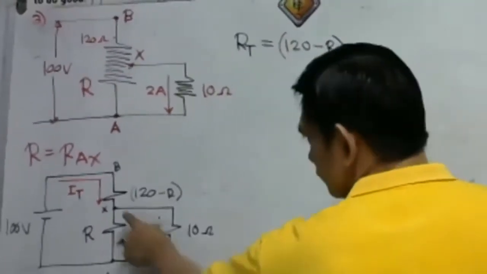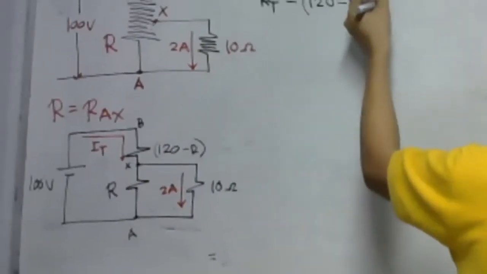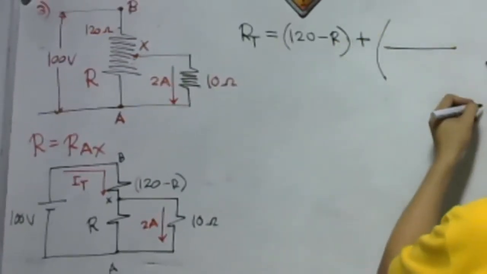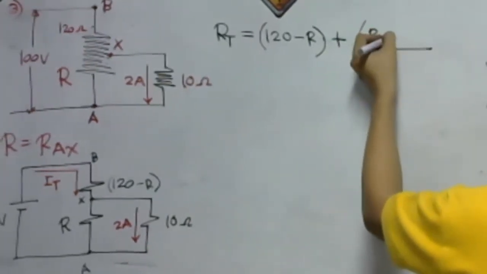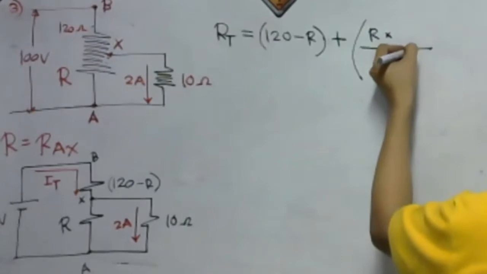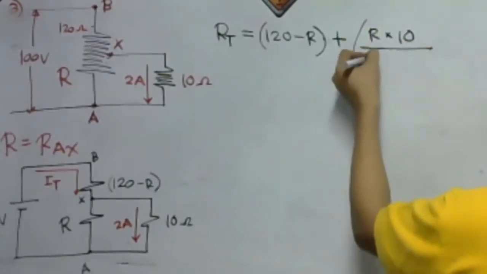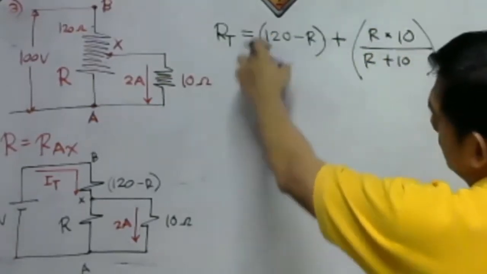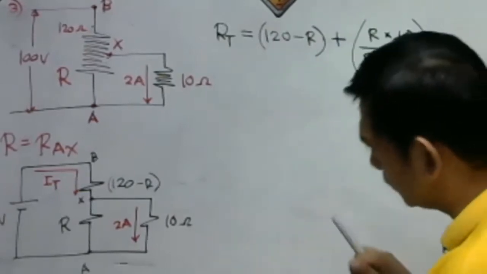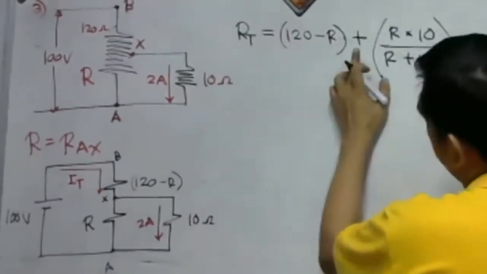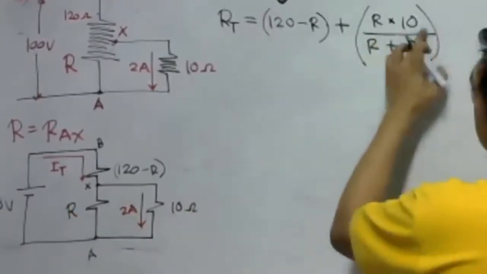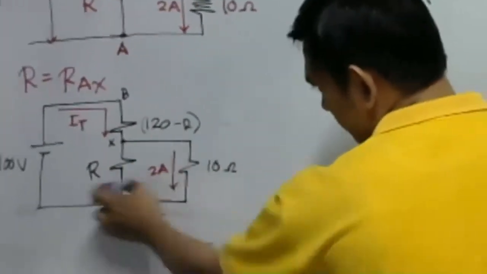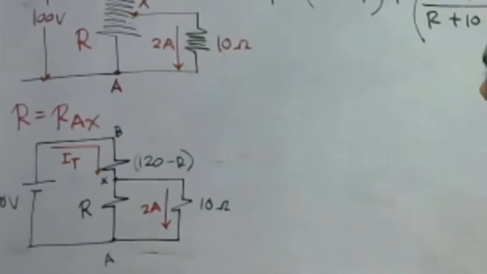That should be plus the parallel combination. What is the parallel combination? So we have the product over the sum. So R times 10, or simply 10R over R plus 10. So that will be our total resistance. 120 minus R plus R times 10, the product over the sum of the two parallel branch resistances.